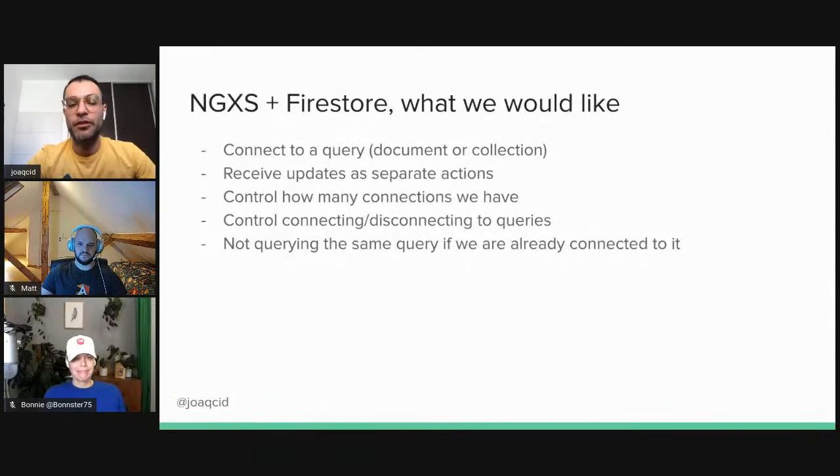So after taking a look at all this, we came up with a list of requirements, and here's what we thought when we were talking about building this with Mark. So first, an idea of connecting to a query, where you create a connection to listen to Firestore database updates. Separate the stream connection from the stream emission. Create a specific synchronous hook to receive each result and update the store.